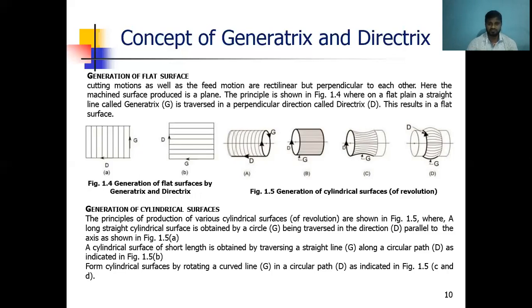Coming to the diagram, a long straight cylindrical surface is obtained as a circle. It is transverse to the direction D, parallel to the axis. So, just like flat surfaces, the generation of cylindrical surfaces follows the same principles.